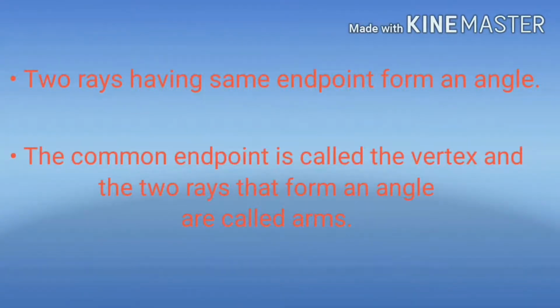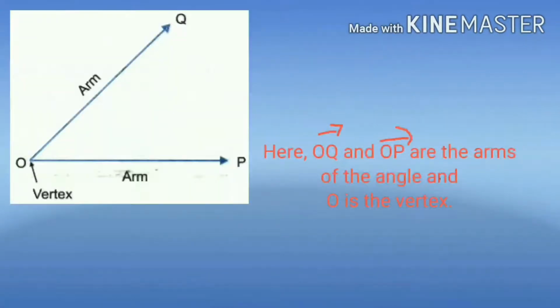The common endpoint is called the vertex, and the two rays that form an angle are called the arms of the angle. Here, ray OQ and ray OP are the arms of the angle, and O is the vertex. The angle is the amount of turn between the arms.